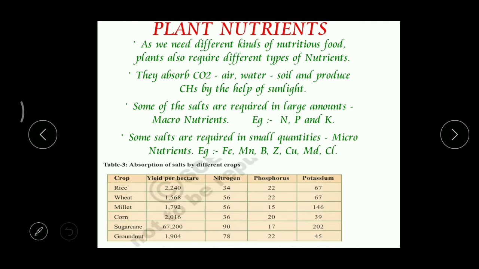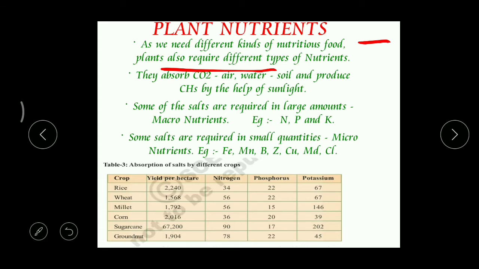In the same way, plants also require different types of nutrients. Just like we need carbohydrates, proteins, fats, plants also need different types of nutrients.